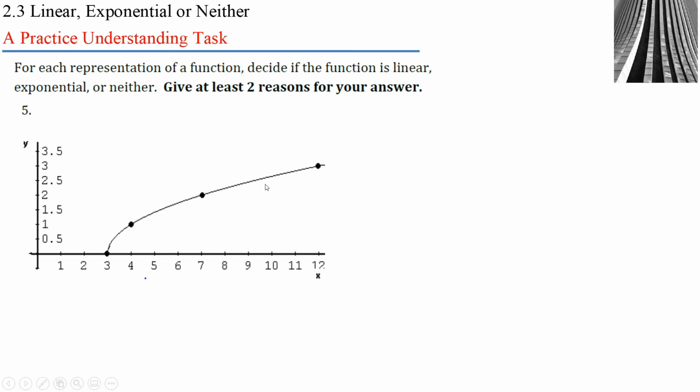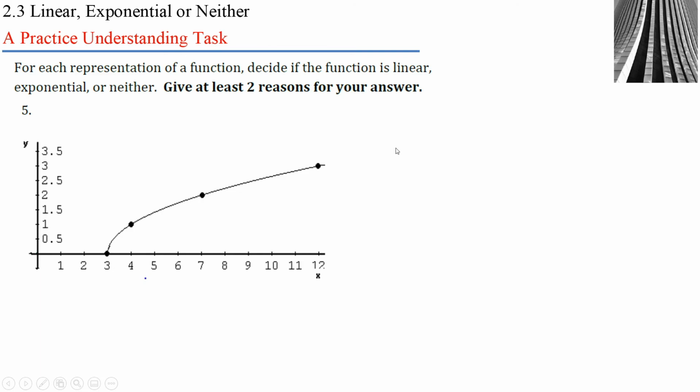So look at the model they gave us for number 5, a graph. Okay. Now, this curve, right? It's not a straight line, but is that exponential?